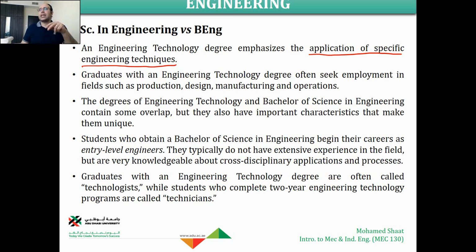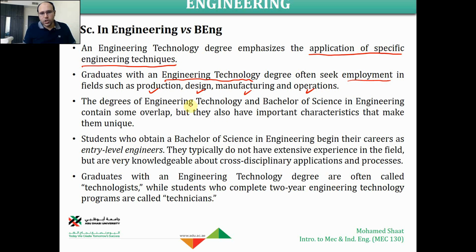So in that case, he's gonna get a Bachelor of Engineering after he already got the Bachelor of Science in Engineering, right? Graduates with an engineering technology degree often seek employment in fields such as production, design, manufacturing, and operation, which is almost the same thing for Bachelor of Science. So they can acquire positions in any one of these sectors.